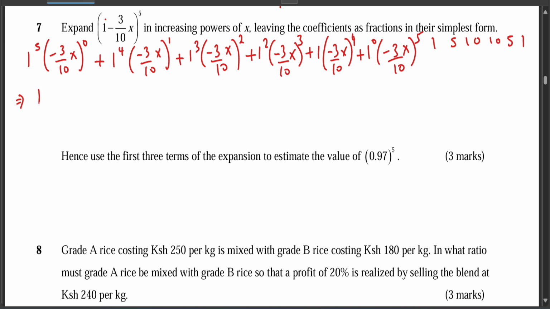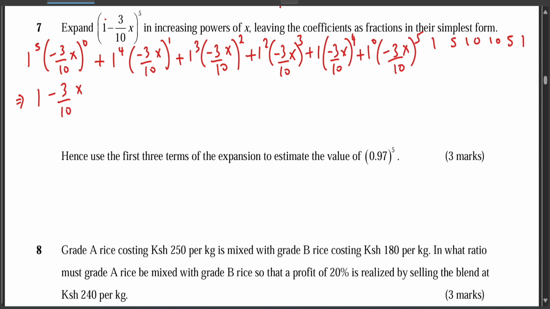So 1 to the power 5 becomes 1, and the power 0 term is just 1. So 1 to the power 4 becomes 1 times negative 3 over 10 x, which gives you just 1 minus 3 over 10 x to the power 1. Usually the signs will be alternating, so make sure you know this.